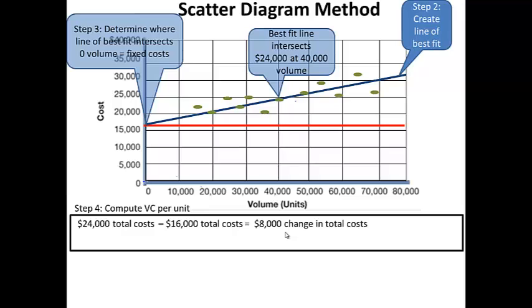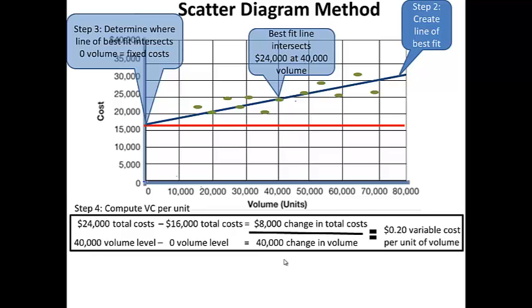Now we're going to do the same analysis with volume. We take our 40,000 volume level that we got at the $24,000 cost, and we compare it to our zero volume level where we had our $16,000 of cost. So 40,000 volume versus zero volume means we had a 40,000 unit change in volume. So like we did in the high-low method, we take the 40,000 and divide it into the $8,000 change in total cost.